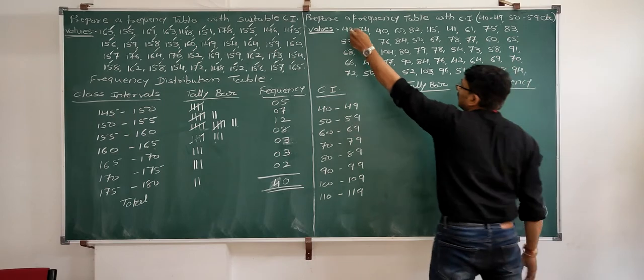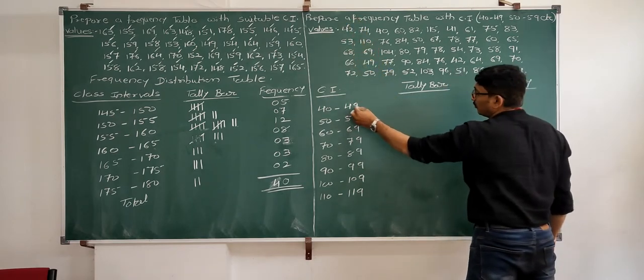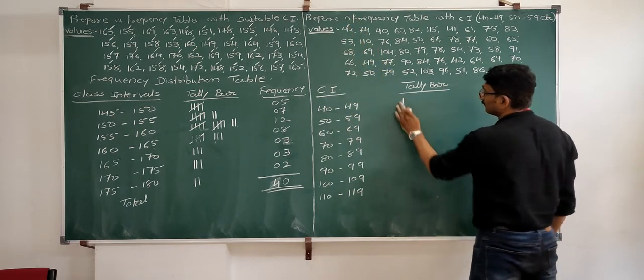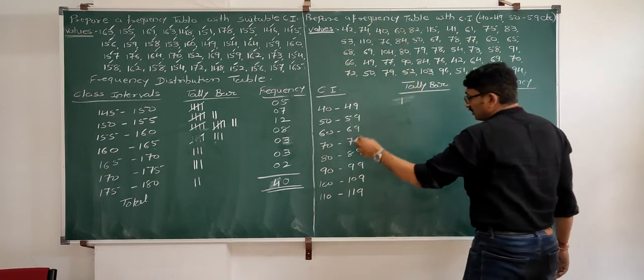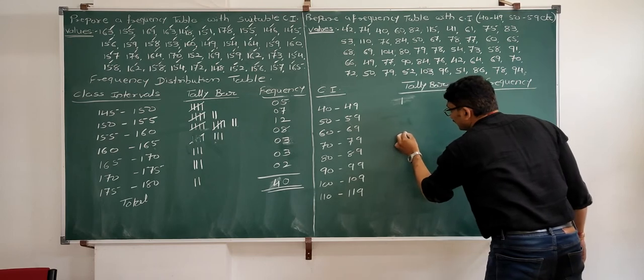Again as it is. 42. 42 comes under 40 to 49. Mark it. 74. 74 comes under 70 to 79.